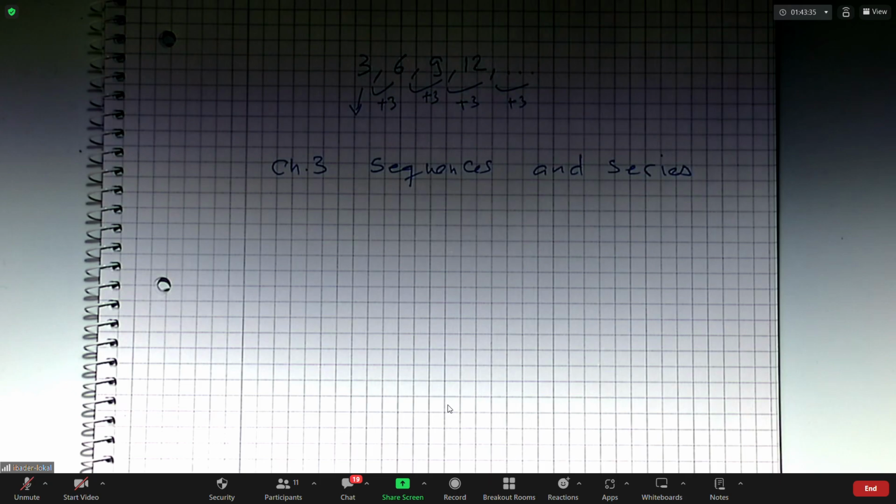Of course, we learned that sets, in general, are not ordered.